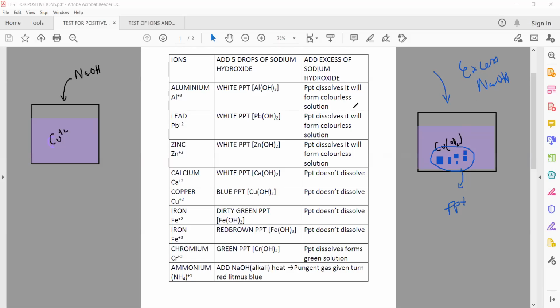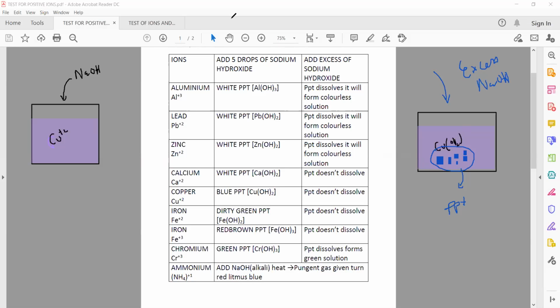Why are you doing this? Because you have to learn the tests for the ions. We do this to identify which positive ion is present in the solution. So using this technique, you can identify the positive ion present in the solution.